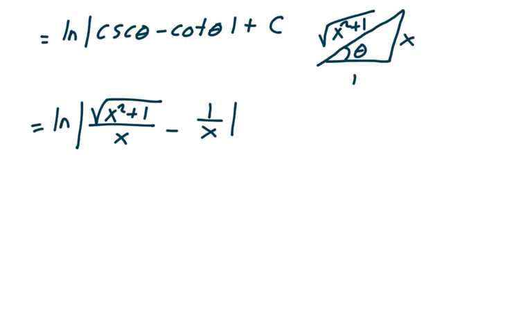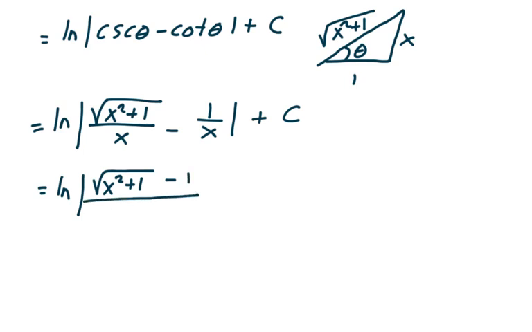So we get the natural log of the absolute value of square root of x squared plus 1 over x minus 1 over x plus c. And then just writing this as a single fraction, we get the natural log of the square root of x squared plus 1 minus 1 divided by x plus c. So here's an example of an integral involving trigonometric substitution. Like so.